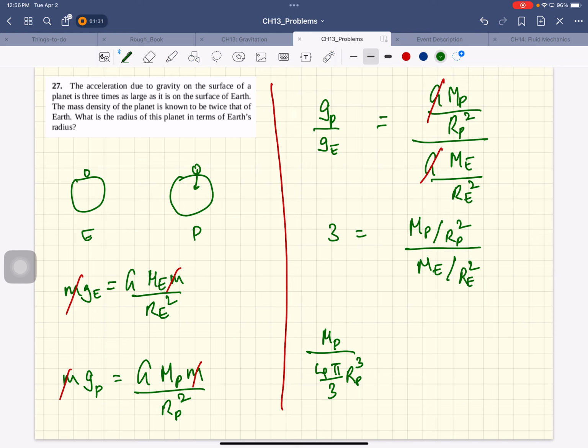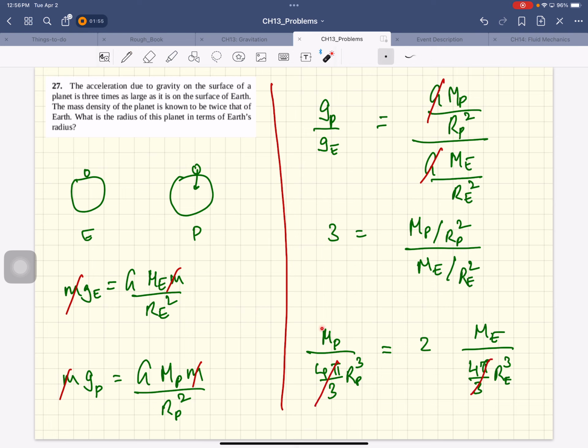That is twice that of Earth. Okay. So you see from this thing, again, that cancels, that cancels.